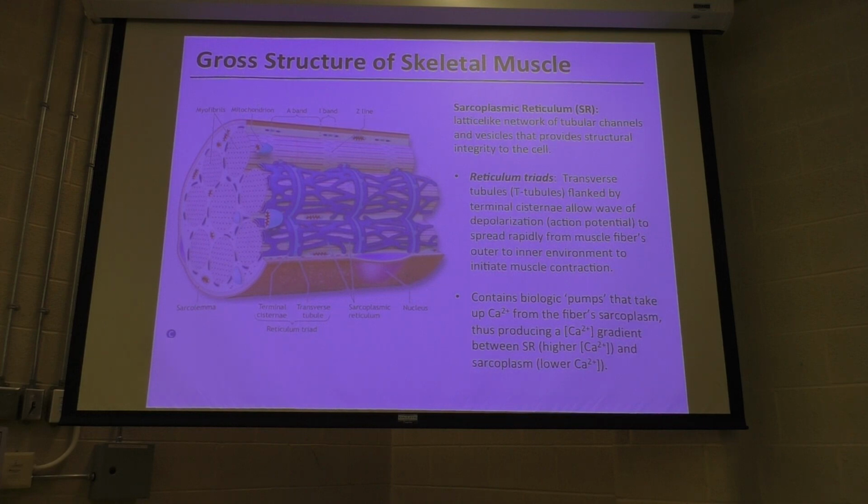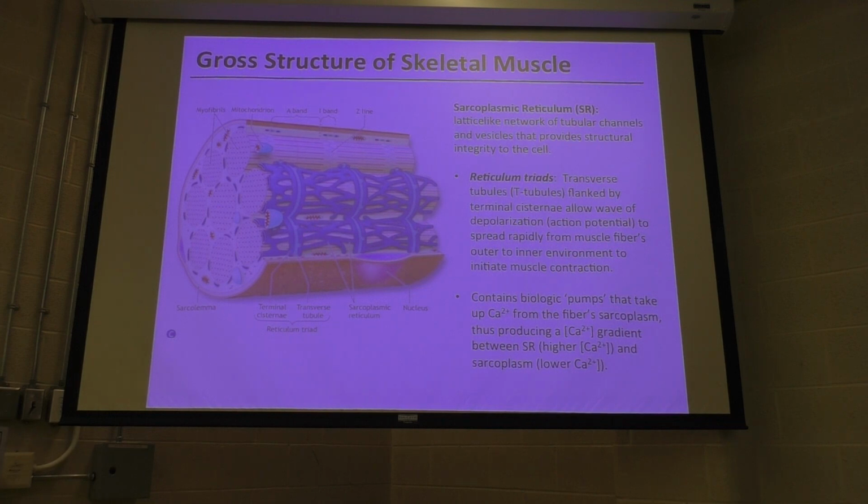The transverse tubule is contiguous with the sarcoplasm, or the muscle jelly, and once the signal passes through here, calcium is released from the SR. In electron micrographs or under the microscope, they call the little region between the sarcoplasmic reticulum and the transverse tubule the triad.